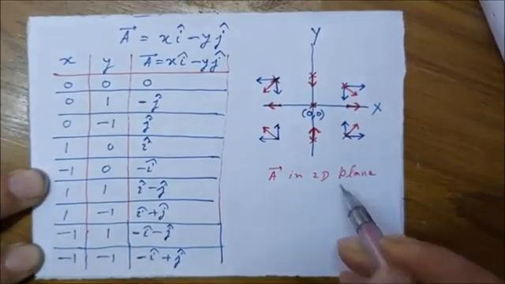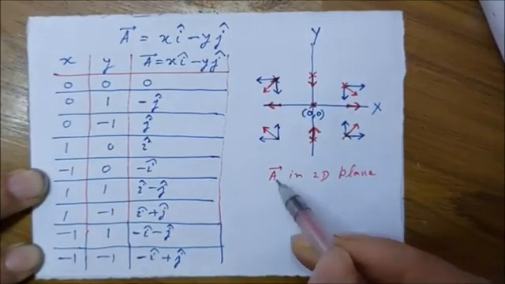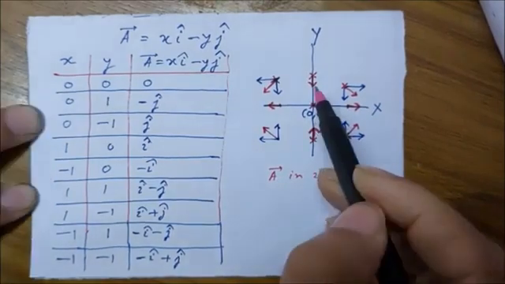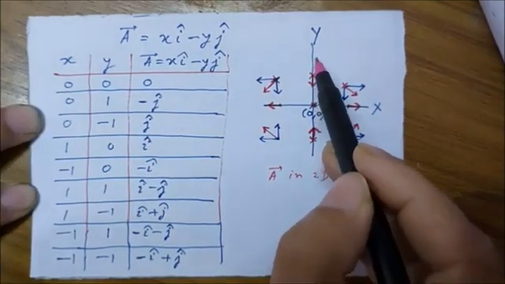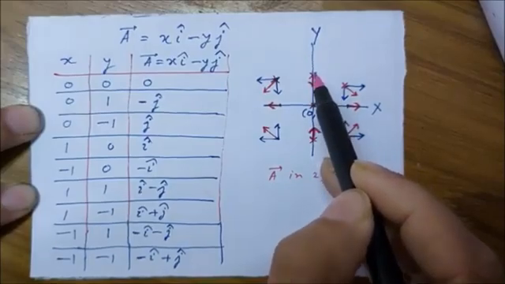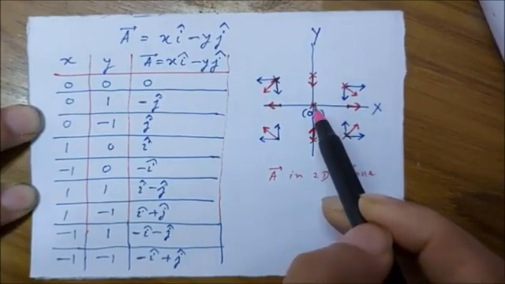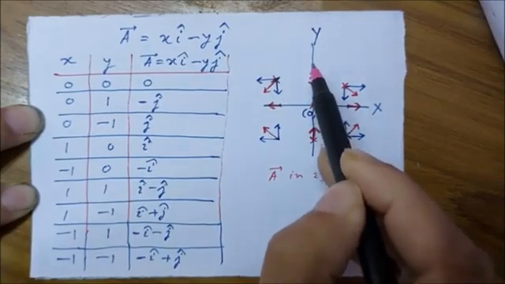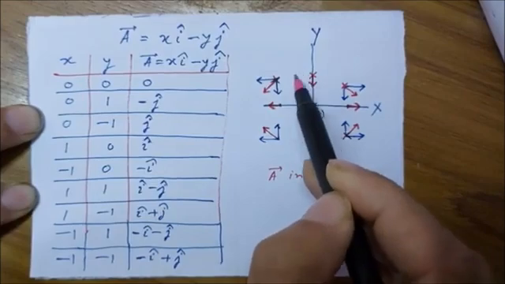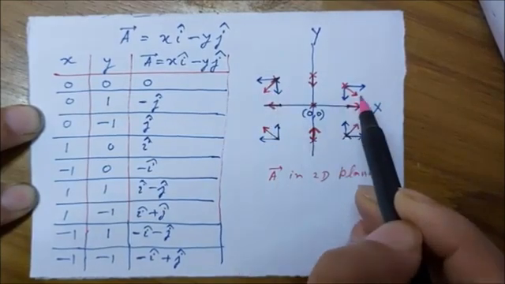And what information do we get regarding vector A? Looking at this plot, this arrow shows that something is coming from up above, and then that something is not going here. Rather, it is getting scattered or spread, and therefore we have these arrows.